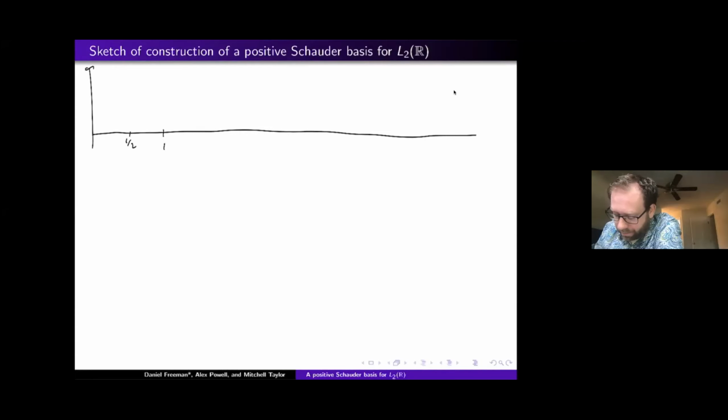We cut this into a bunch of teeny subintervals, capital N subintervals. And then on the right, we're going to make 2n intervals of length 1.